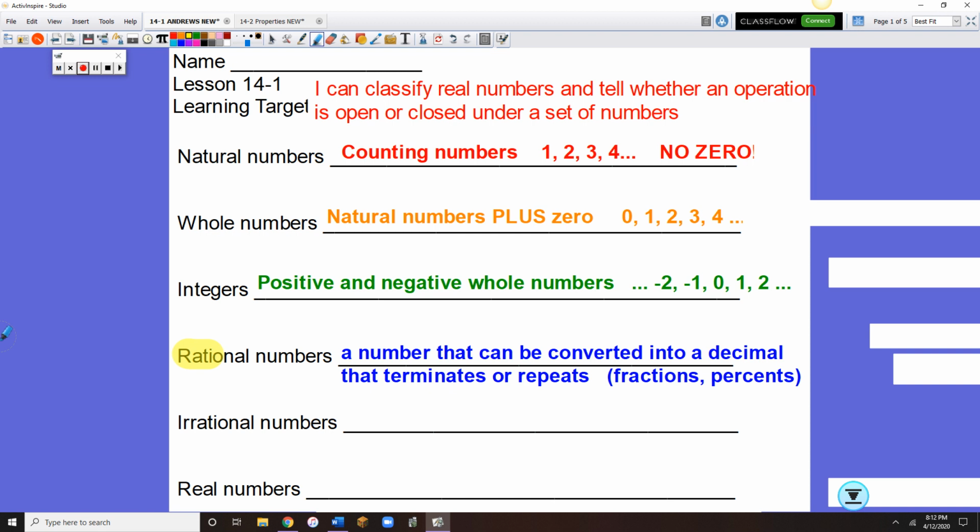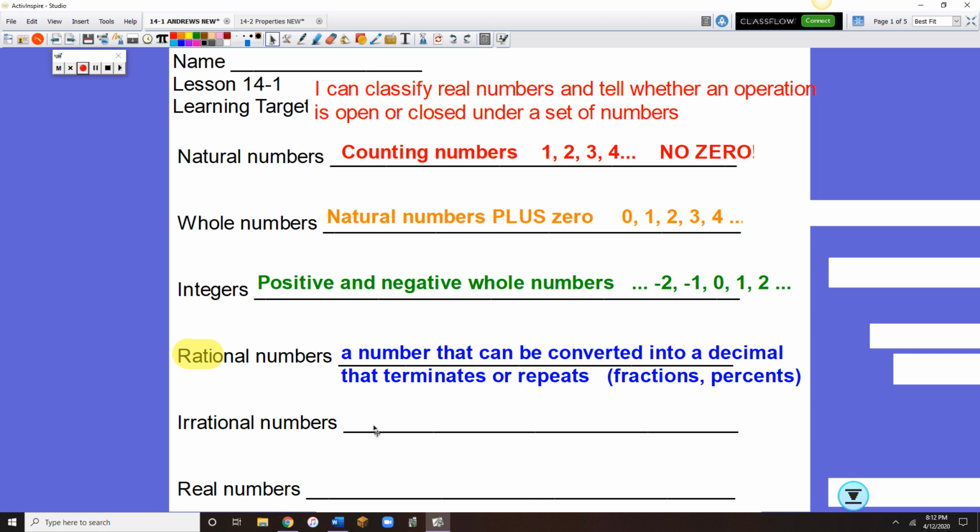The technical definition of a rational number is something that could be converted into a fraction with whole numbers in the numerator and denominator. But we're going to differentiate between rational numbers and irrational numbers based on how they look as decimals. So that's why I choose to talk about it in terms of decimals. It's a decimal that terminates or repeats.